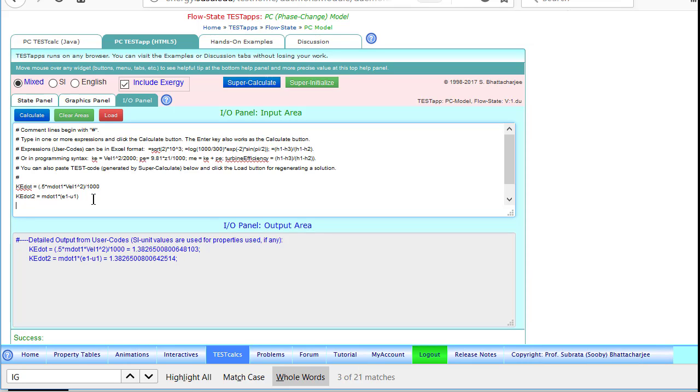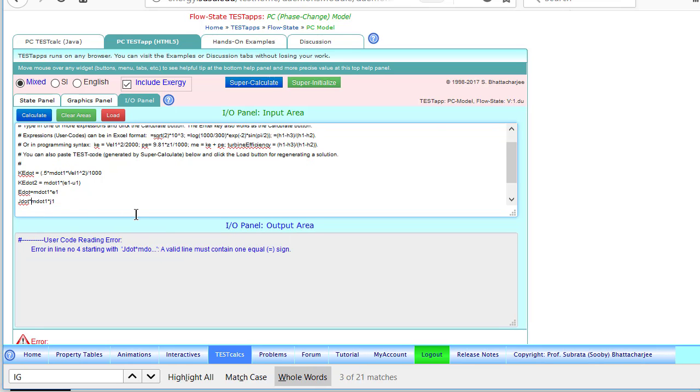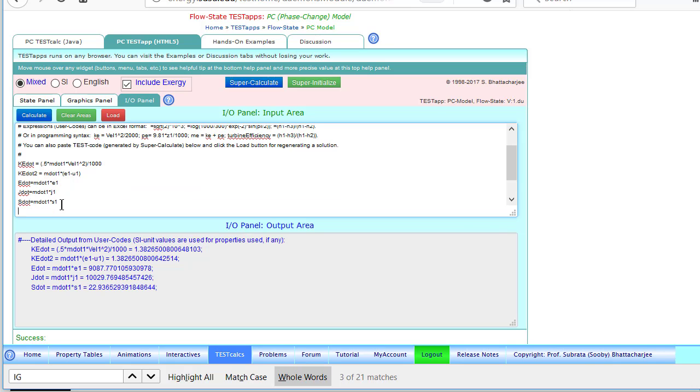The next part asks for a rate of transport of stored energy, which is going to be capital E dot equals m dot 1 times E1, and then flow energy, which is J dot equals m dot 1 times J1, and then flow rate of entropy, which is going to be S dot equals m dot 1 times S1, and lastly it's going to be X or G, which is psi.